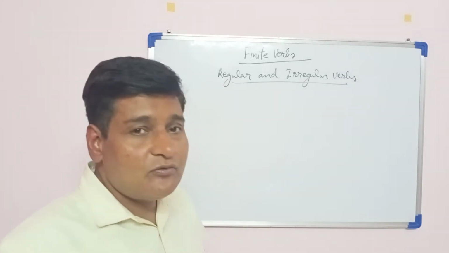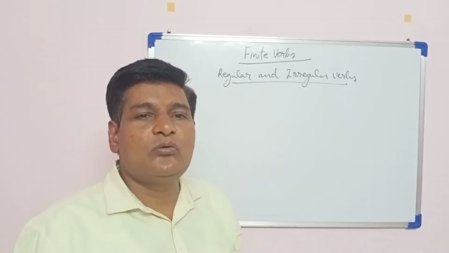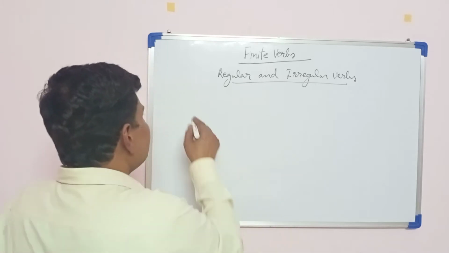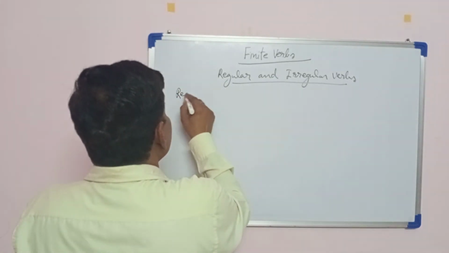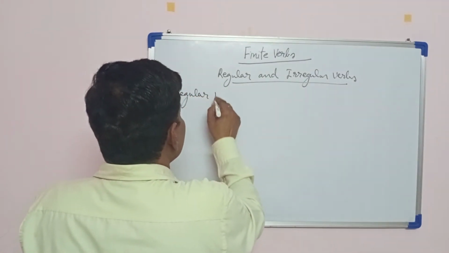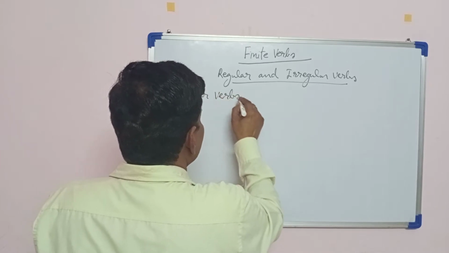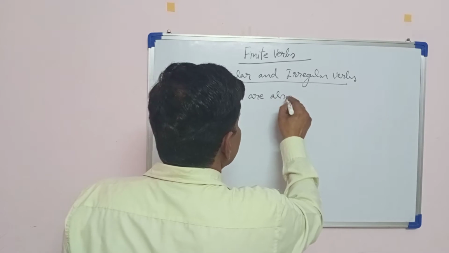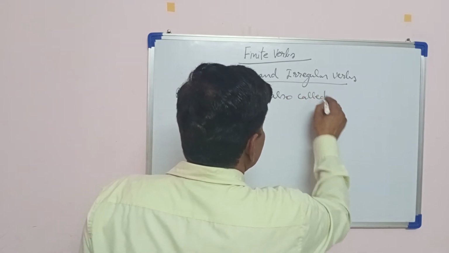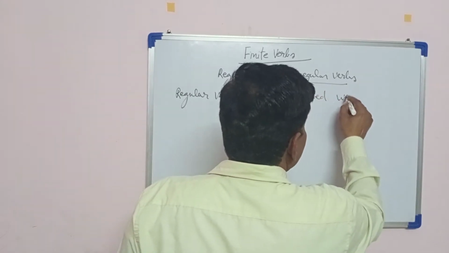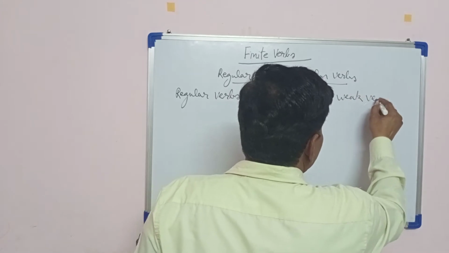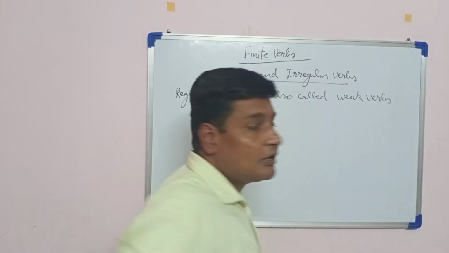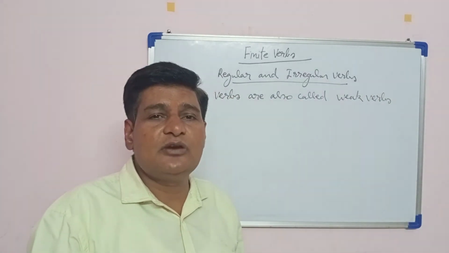So let us understand what are regular and irregular verbs. Regular verbs are also called weak verbs. Regular verbs are also called weak verbs.